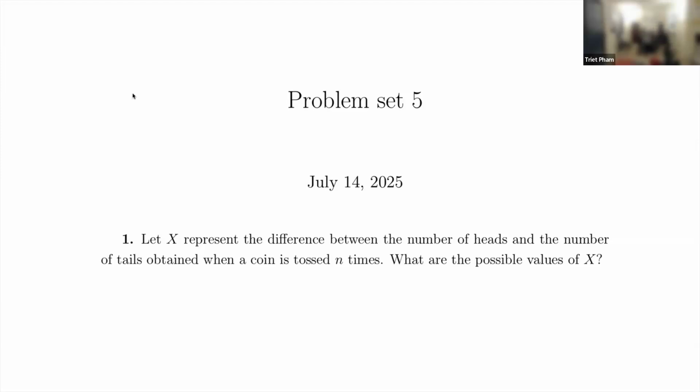Okay, so what's the answer? What's the support here? I would say it's like discrete uniform from negative n to n, because you could have heads minus tails. Well, it's discrete, yes. Be careful with the word uniform.